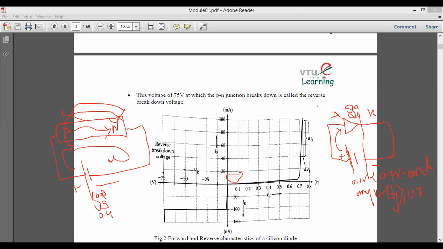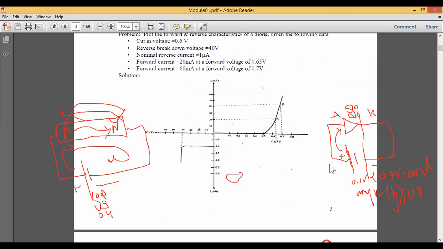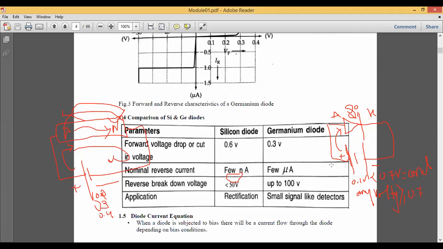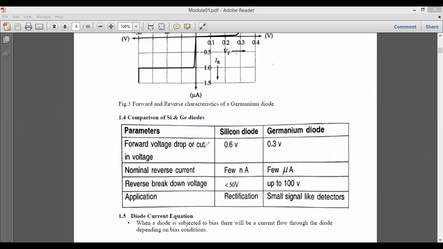With this, the normal VI characteristics with respect to silicon and germanium will occur. If you look at this table, the parameters to be observed when comparing: forward voltage drop for silicon is 0.7, and for germanium it is 0.3. The normal reverse current is a few nanoamperes and a few microamperes.